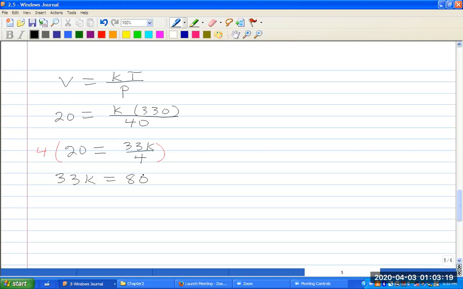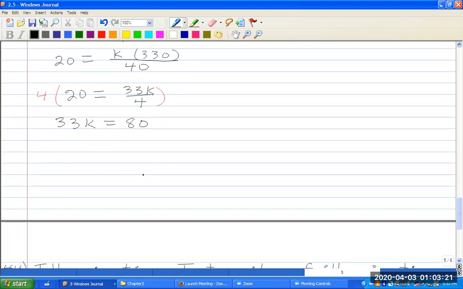Divide both sides of my equation by 33. So k is equal to 80 over 33. Therefore, my volume V is equal to 80 over 33 times T over P.